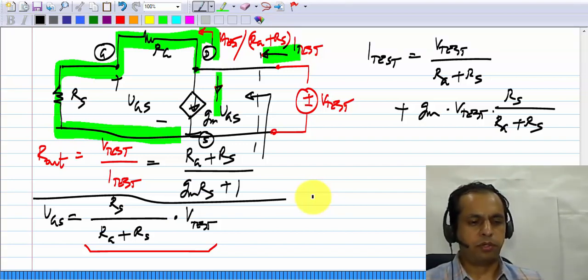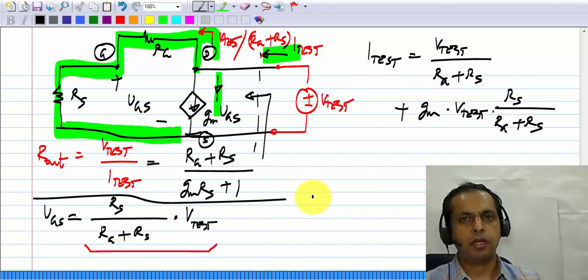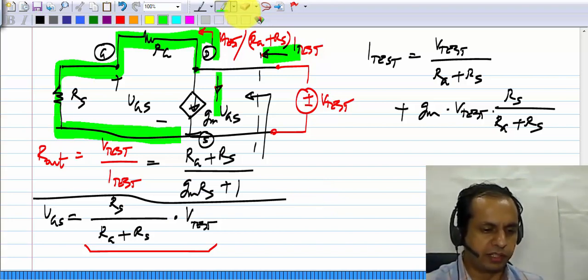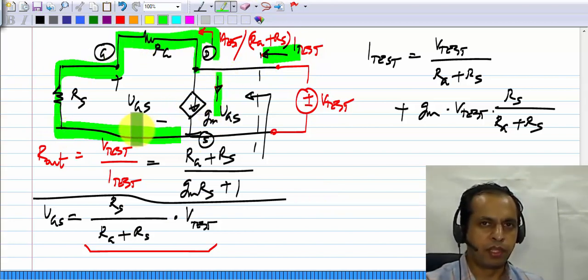So that is how it is. And also, when you carry out these calculations, it's always good to have some sanity checks, where by evaluating some extreme cases, you can see whether the answer makes sense or not. In this case, I can think of one such thing. Let's say gm is 0, that is, there is no transistor at all. We have only the resistors. Then what should happen?